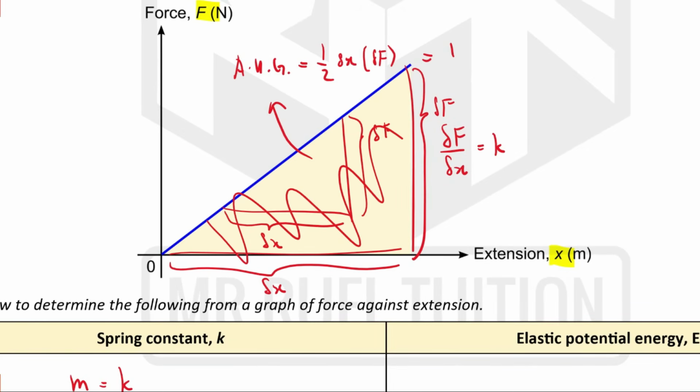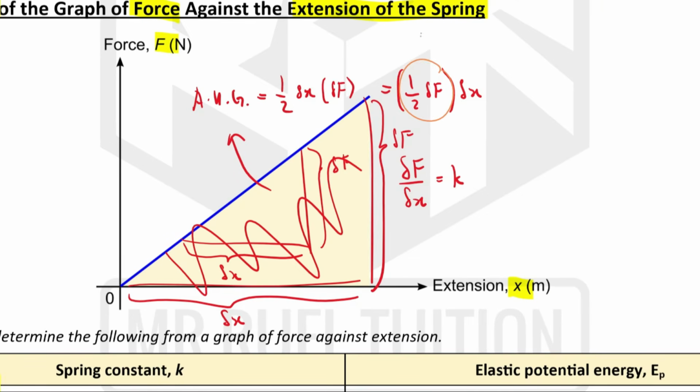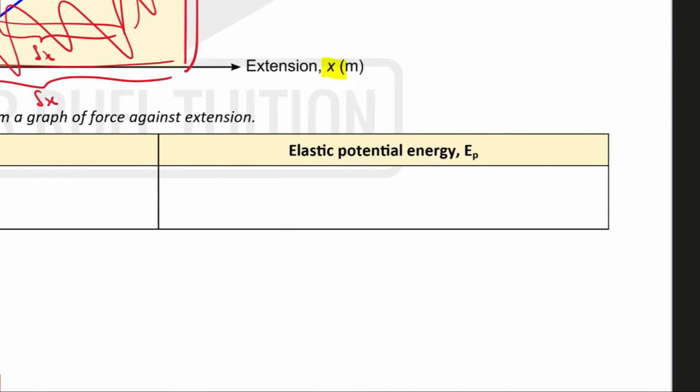This is 1 over 2 delta f times delta x. 1 over 2 delta f is actually the average force times the displacement, and so you can see we have an equation for work done, which is energy. So this is the elastic potential energy. The area under the graph of f against x is elastic potential energy, E subscript P.